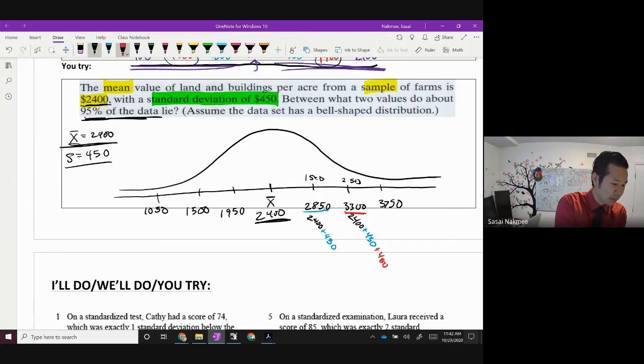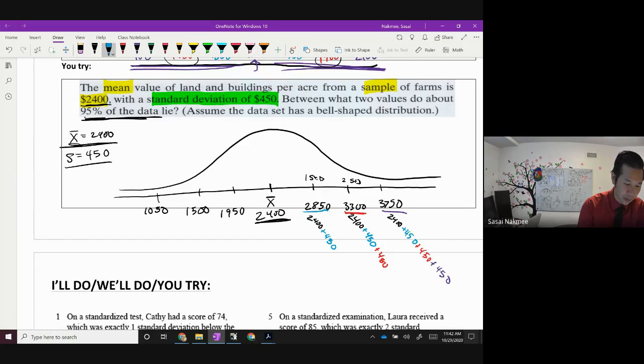And then for the last one, they're going to do it again. You take your mean of 2,400 and then add the standard deviation once, twice, 450, and then a third time. And that's how you measure that it's 3 standard deviations away. 1 standard deviation away, 2 standard deviations away, and 3 standard deviations away.